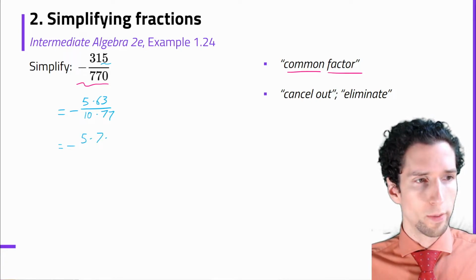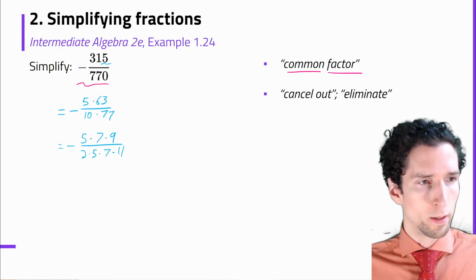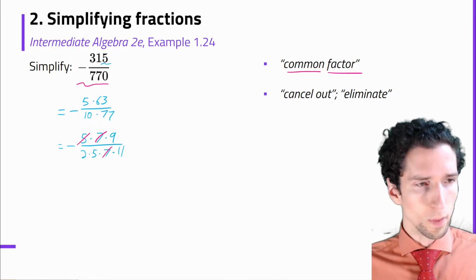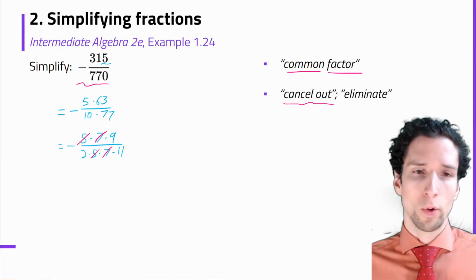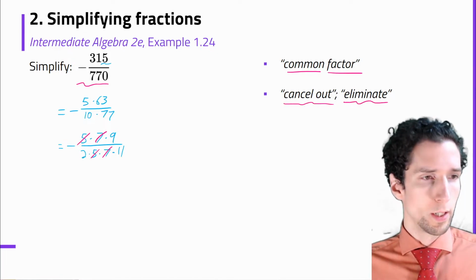63, that is 7 times 9. 10 is 2 and 5. 77 is 7 and 11. Okay, so 7 on the top and bottom, those cancel out. 5 on the top and bottom, those cancel out, or they eliminate each other.